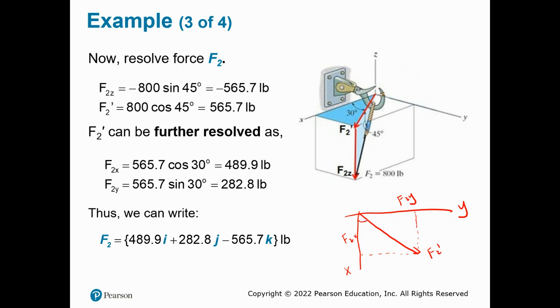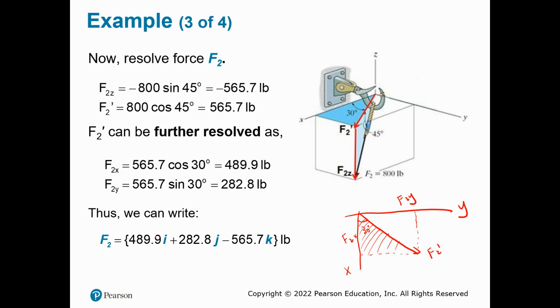So the 30 degrees is right here in my sketch. It doesn't look like 30 degrees, but it is right here. One more time, the 30 degrees is between F2 prime and the x. That means you can use that 30 degrees, your sine and your cosine, to get the x value and the y value. You can look at this triangle here using your trig functions and put them down.